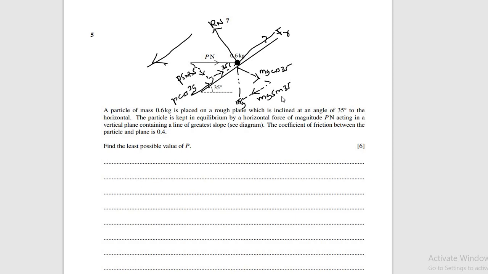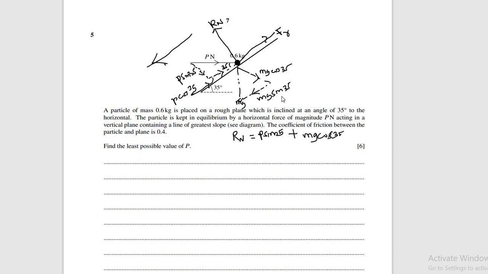Okay, since the question said it is in equilibrium, upward forces are equal to downward forces. The upward force is the normal reaction. This is one of my mistakes in the last one. The downward forces are P sine 35, if you check, it is going downward. What else is going downward again? Mg cos 35.